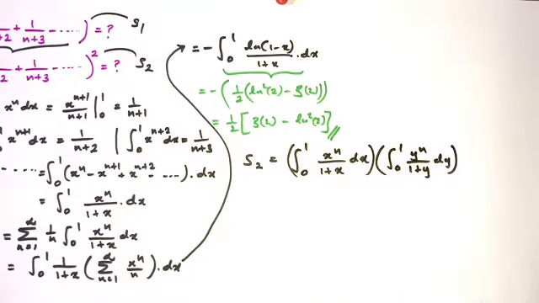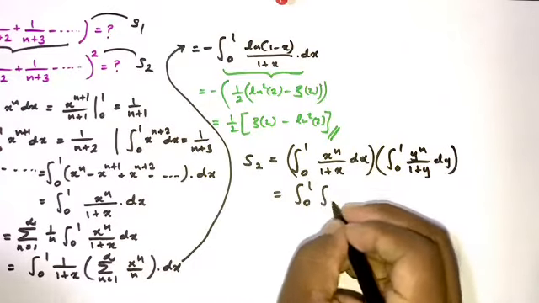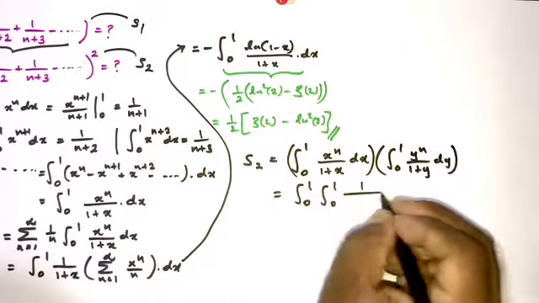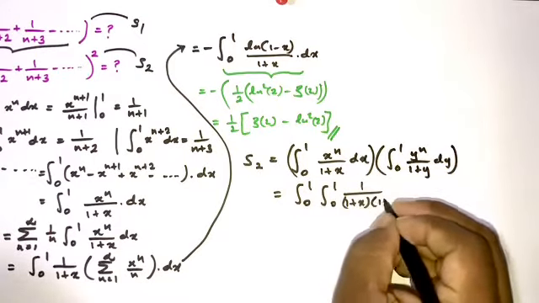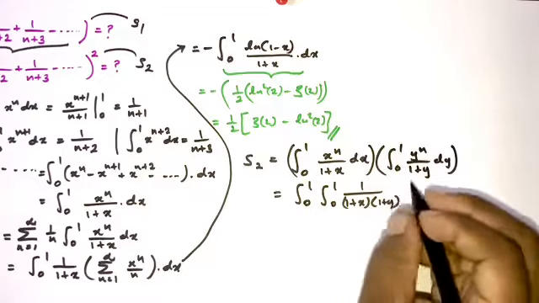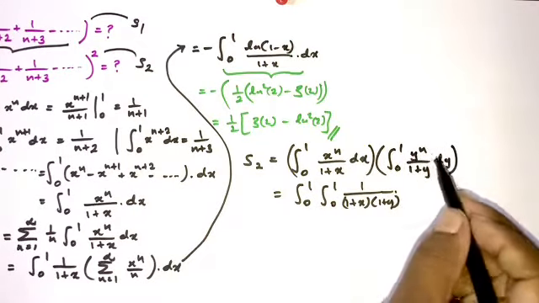Then how to evaluate these integrals? Here now we can write the integral from 0 to 1, the integral from 0 to 1, of 1 over 1 plus x, 1 plus y, times x to the n, y to the n.